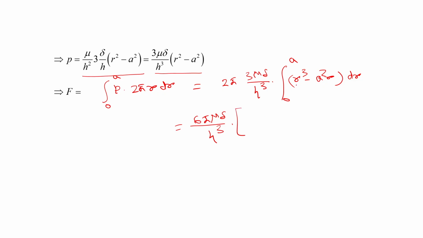Now, I can integrate it: it is r to the power 4 by 4, so it is a to the power 4 by 4, minus a square, and this is r square by 2, so it is a square by 2 here.